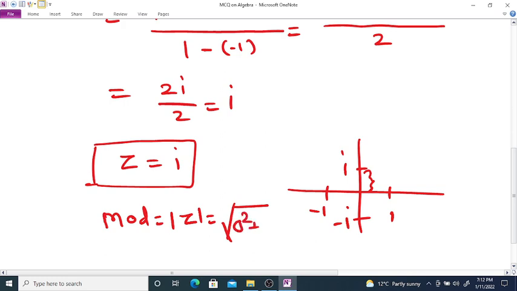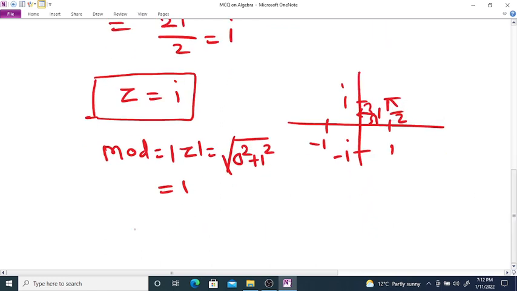So this is 0 square plus 1 square, which is equal to 1. You can observe here the modulus is 1 and the argument is the angle made with respect to the positive x-axis, which is equal to pi by 2. So here theta, that is the argument of the given complex number, is equal to pi by 2.